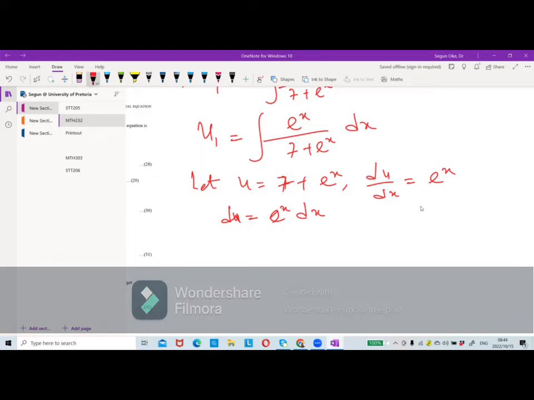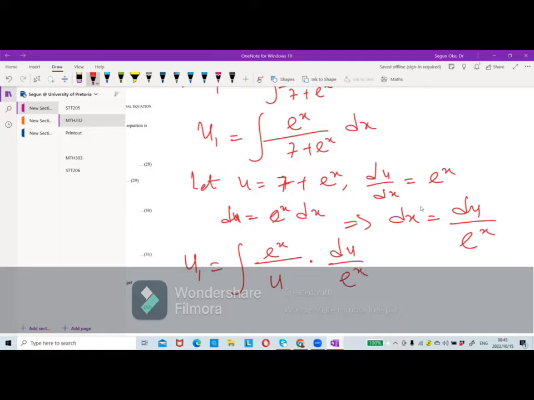So what's the dx now? It will be du over exponential x. So we can substitute now by saying our u1 is equal to integral of exponential x over u times du over exponential x, right? Yes, sir. This cancels this. So you have u1 equals integral of 1 over u du.